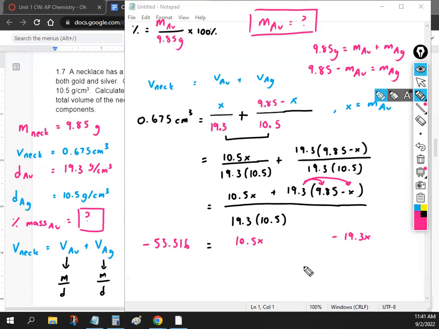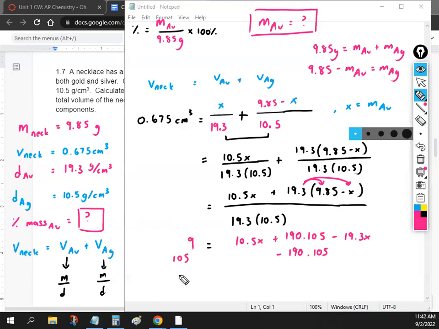Cool. Just making sure. Any other questions? I know it's a lot of steps. The 202.65 disappeared because we subtracted the 190.105.